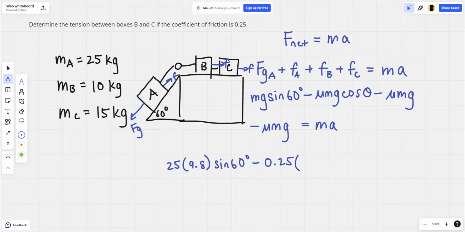The M is 20. Hold on. Yes, so we're doing the friction for block A. So again, we're going to use the mass for block A, which is 25. G is 9.8. Cos 60 degrees. Minus mu is 0.25.